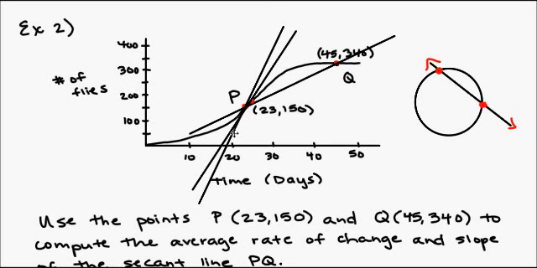So this is like before, when we were using the instantaneous speed formula, instantaneous rate of change, and you wanted to calculate when h equals 0. So you're trying to get a very, very small distance away from P. So you're really closing that gap and honing in on this rate of change as opposed to the change on the interval.